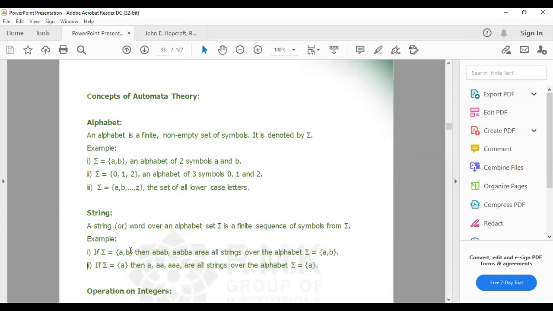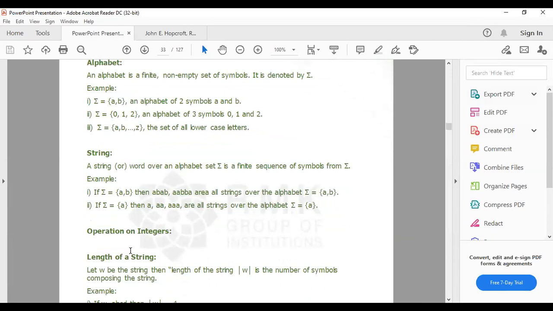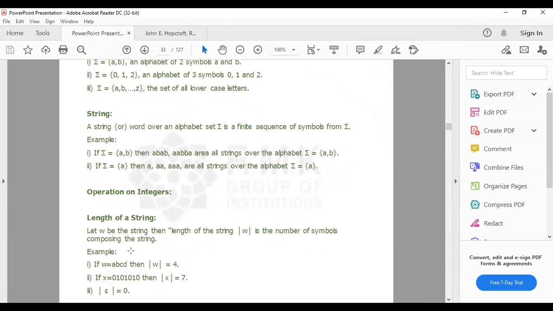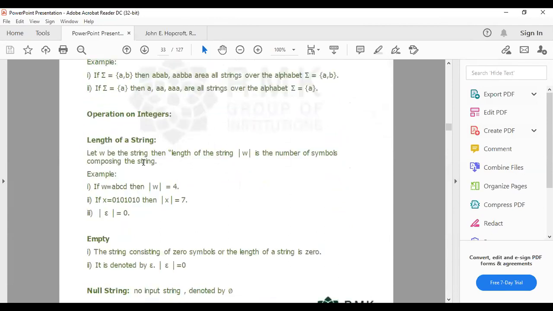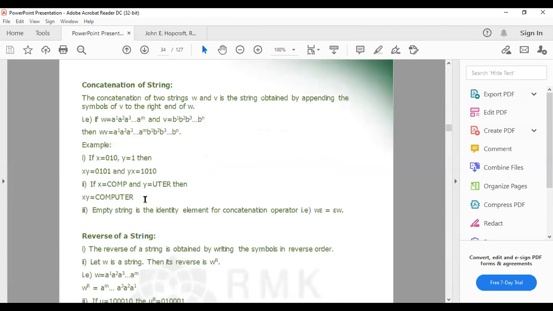Then some operations on strings. Length of the string: how can we calculate the length? A B C D, so the length of the word W is 4. And empty: we know how to represent the empty string, epsilon.